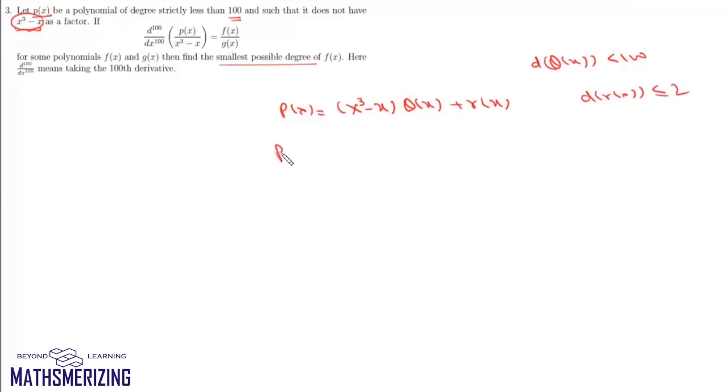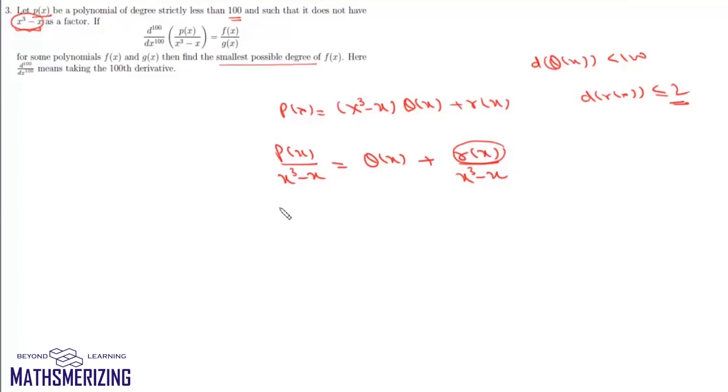Now we can write this as p(x) upon (x cube minus x) equals q(x) plus r(x) upon (x cube minus x). Now degree of r(x) is 2 or less than 2 and degree of denominator is 3. So we can use partial fractions.